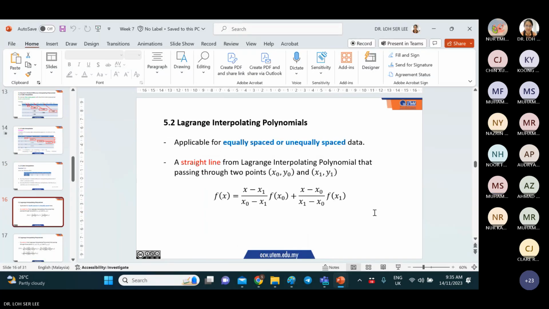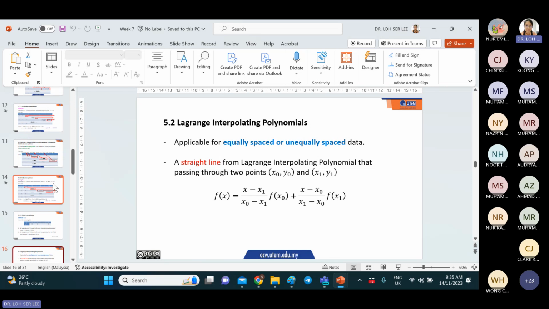So this is another one, Lagrange. This is supposed to be the next class lesson, because this is for one whole week. Within this week you have 2 classes, one for Newton, another for Lagrange.